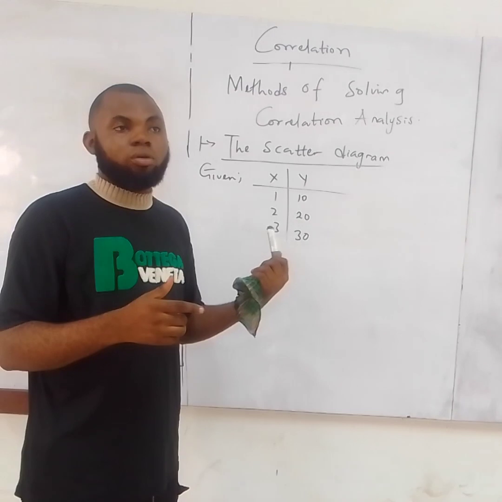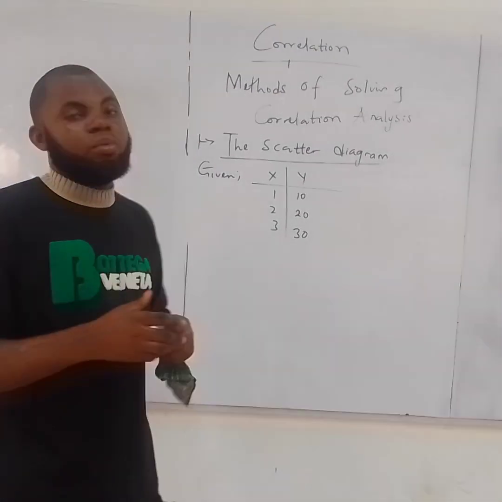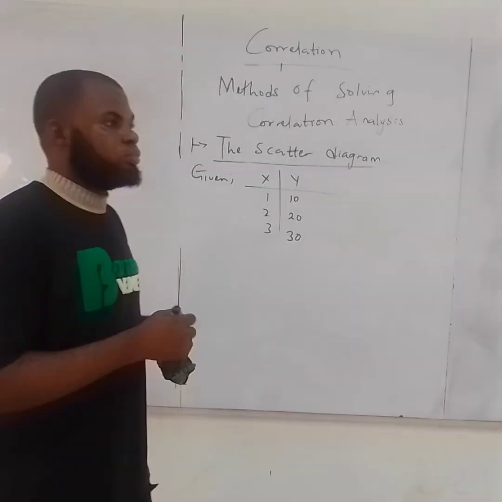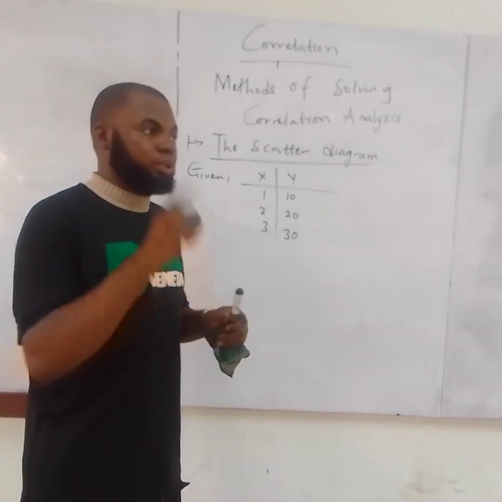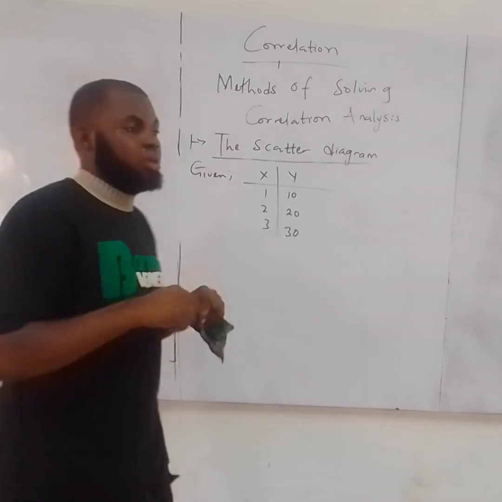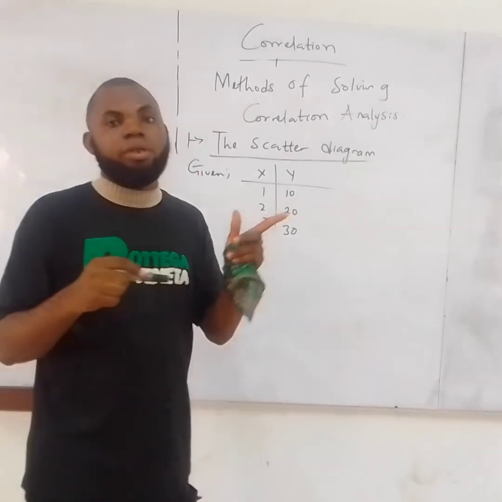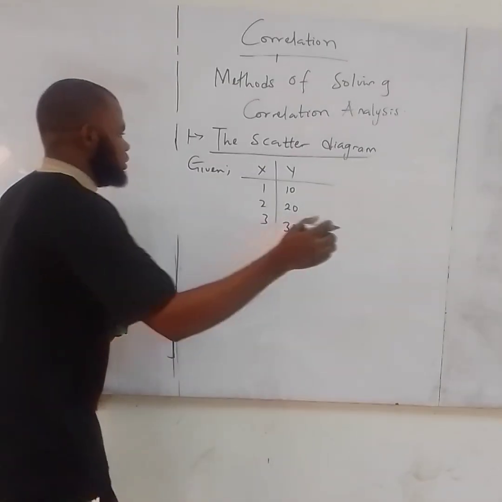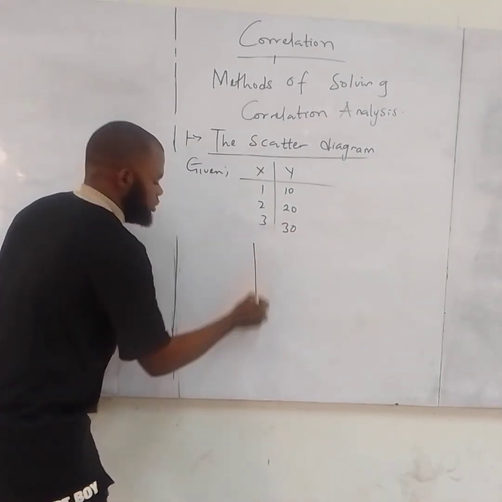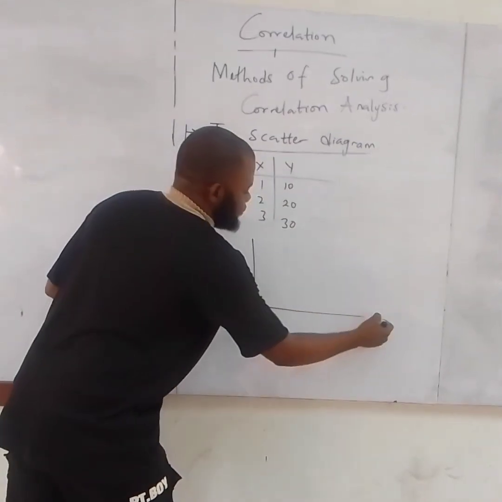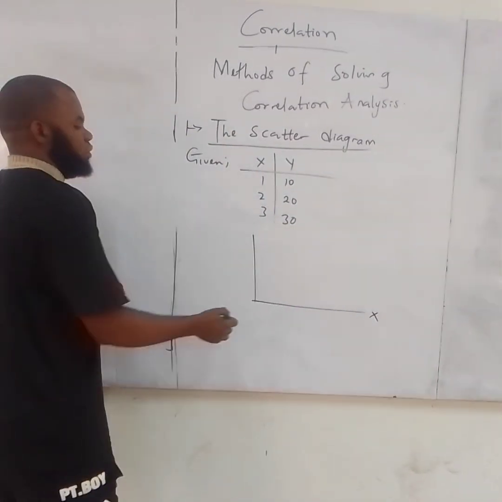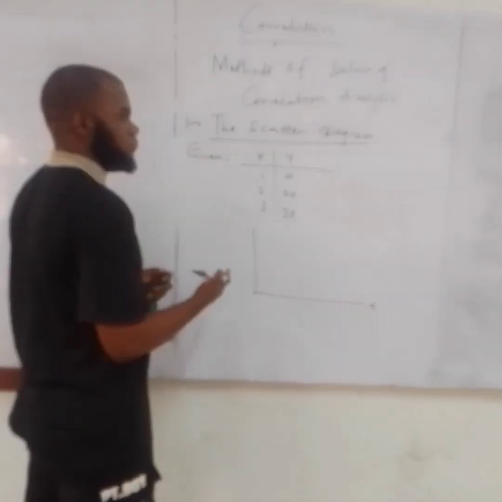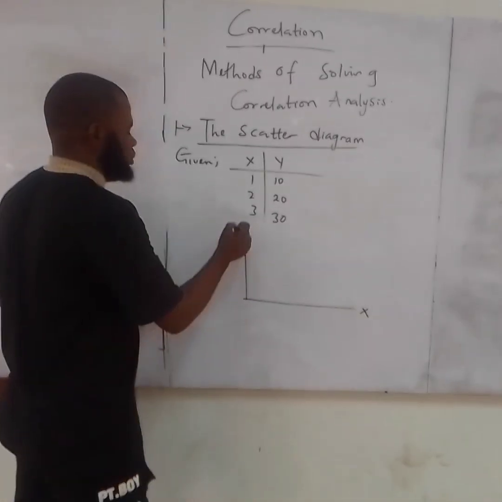You can recall your demand and supply curve, or a Cartesian plane, where we have our x value on the horizontal side and our y value on the vertical side.